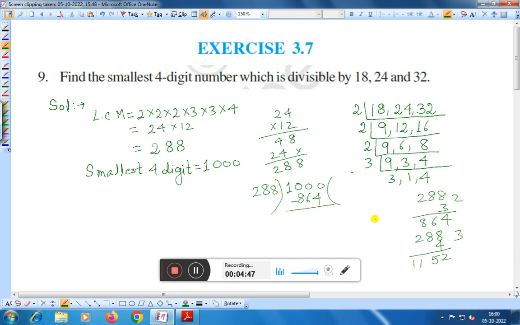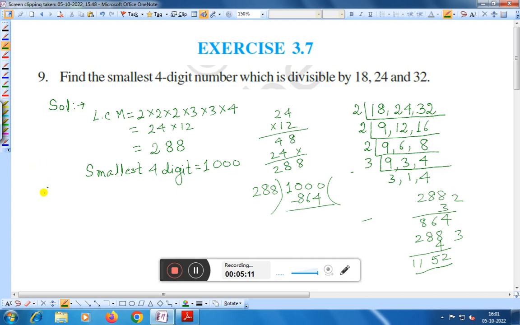That means this is the least 4-digit number which is divisible by 288, right? We cannot write 864 because 864 is a 3-digit number. Therefore, the smallest 4-digit number is 1152, which is also divisible by 18, 24 and 32.